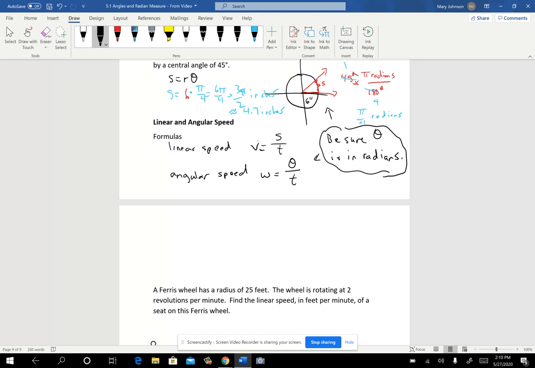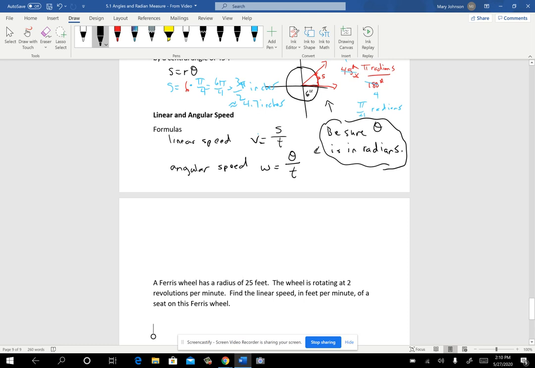All right, now you can look at the relationship in the two by thinking about that arc length formula. So remember the formula S equals r theta that we developed earlier? If I divide the left side and the right side by time, we get a new formula that relates the linear and the angular speeds.